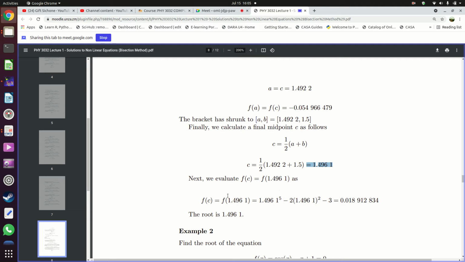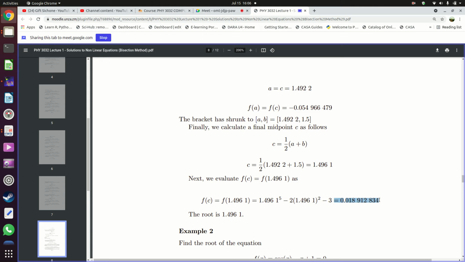So you work out f of C, which is equal to f of 1.4961, which is equal to 1.4961 to the power of 5 minus 2 times 1.4961 to the power 2 minus 3. This is going to give you 0.018912834.